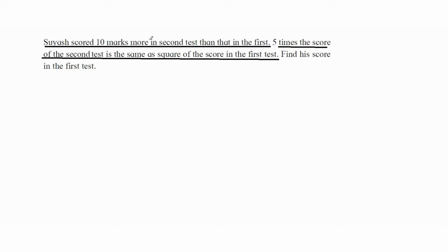So it's given that he scored 10 marks more in the second test than in the first test. So I can start off saying that let Suyash score X marks in the first test.